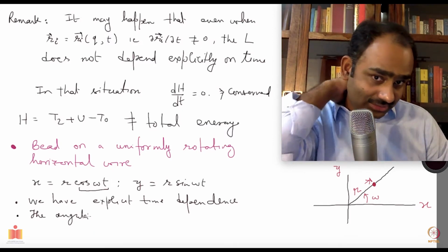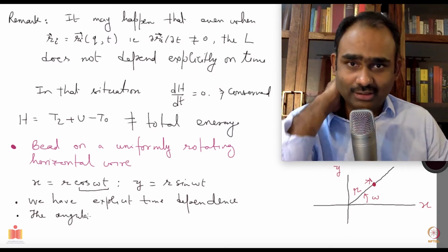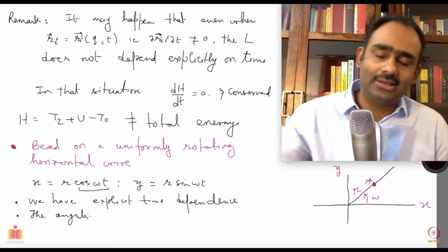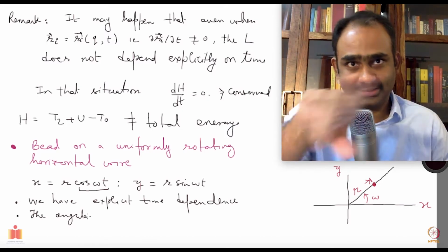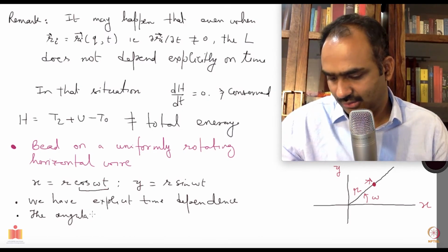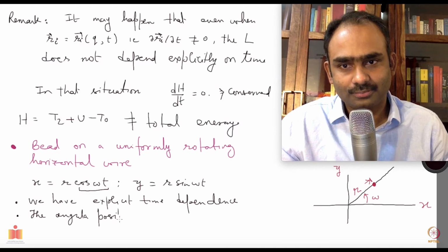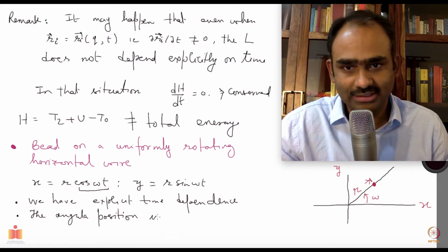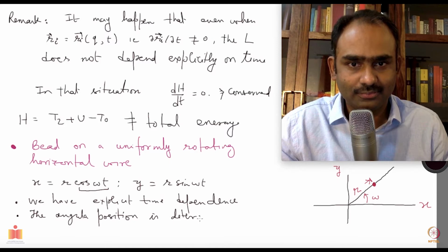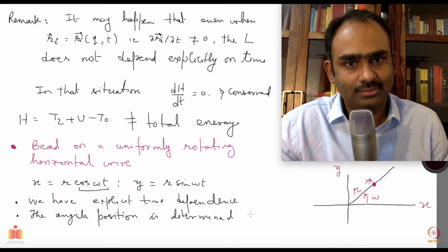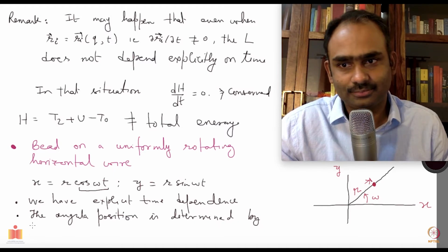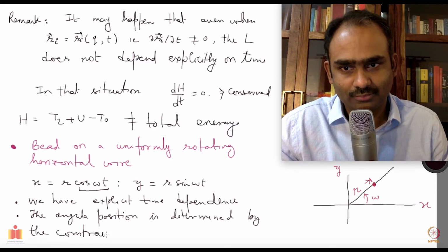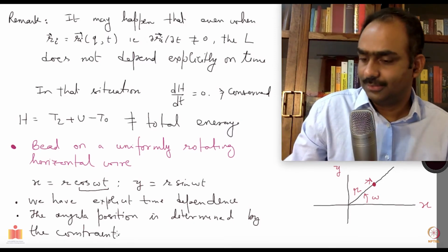So the constraint that this wire is moving at angular velocity omega determines where the bead would be as far as the angle is concerned. The angular position is determined by the constraint. Okay, that's good.